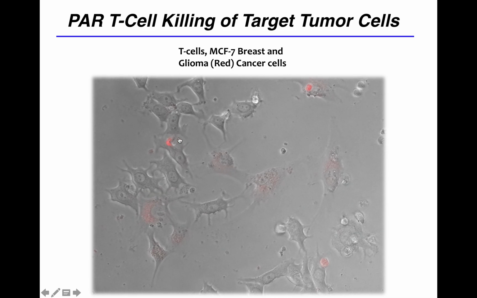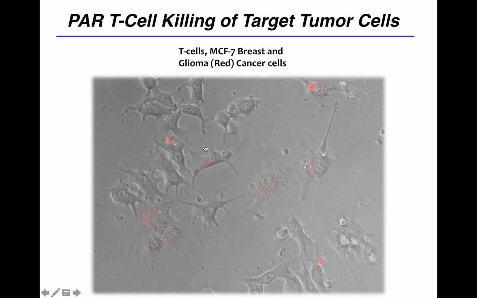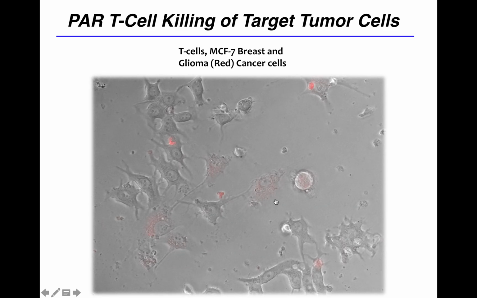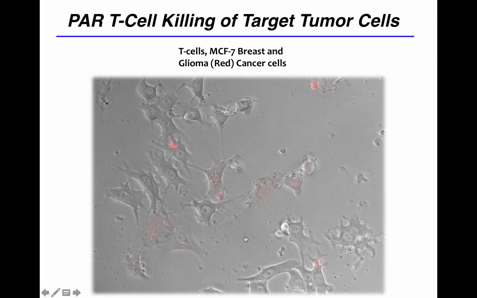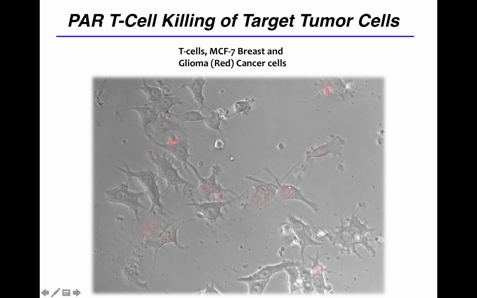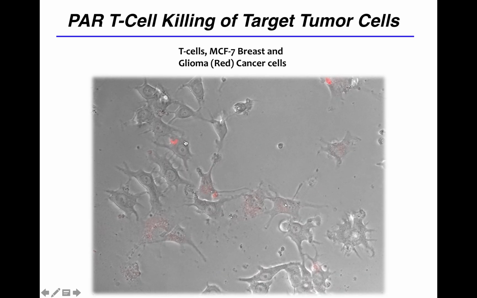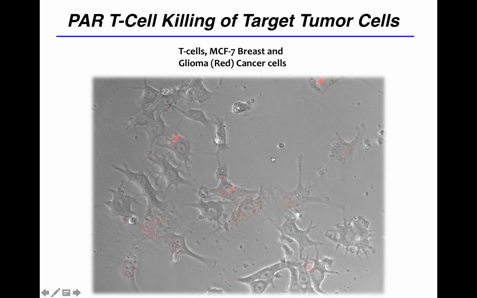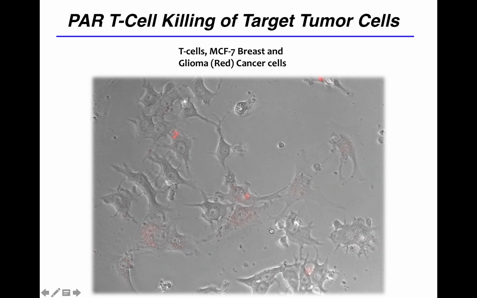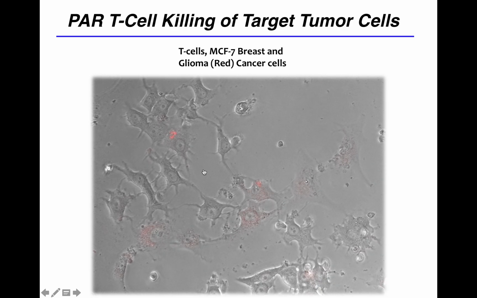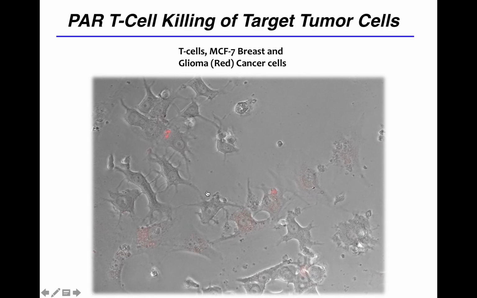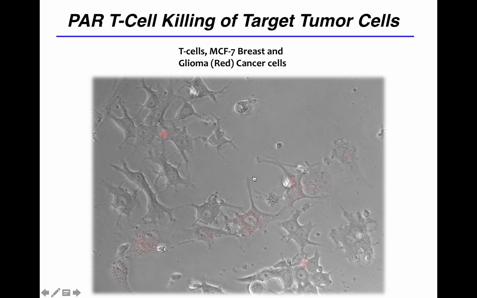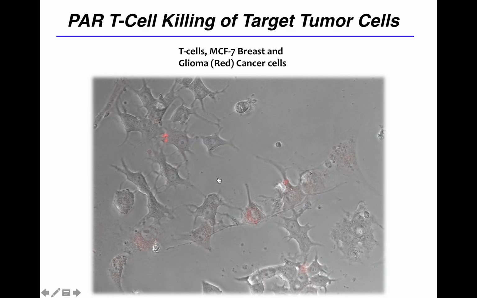These smaller cells up here, which are not stained, are breast cancer cells. And these little guys are T cells moving around. Here's a cell that's dividing. The breast cancer cells have an antigen on them that the glioma cells don't have. The T cells can't recognize the glioma cells or the breast cancer cells, so they don't really stay around long enough to kill them.